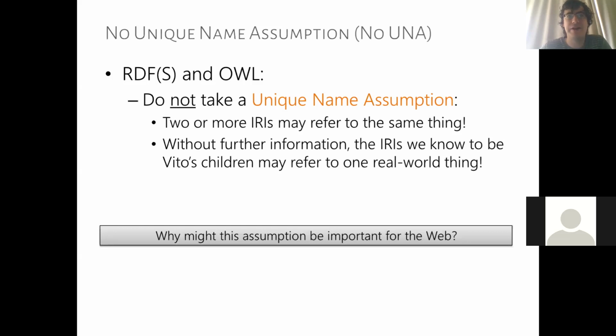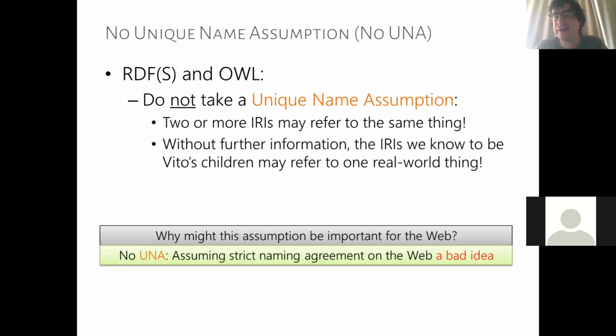And obviously trying to enforce a globally consistent naming scheme on the web would be a bad idea in general. It would be against the philosophy of the web, of openness, distribution and decentralization. Somehow trying to organize the web to agree on the name of everything, there were efforts in fact in this direction, but it's not really a great idea. So we don't take this unique name assumption.